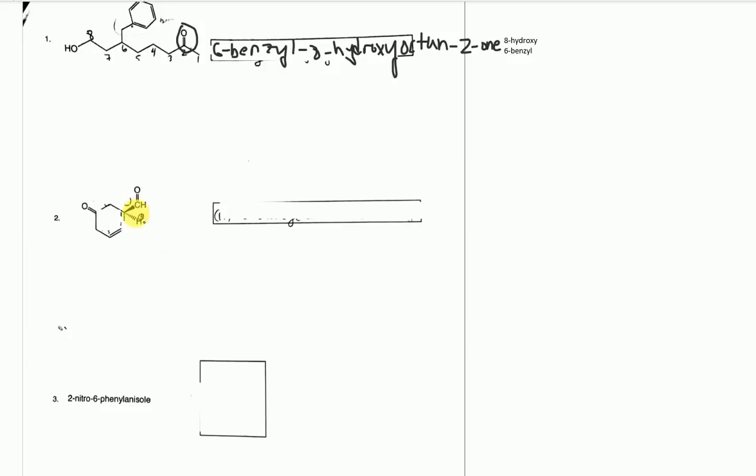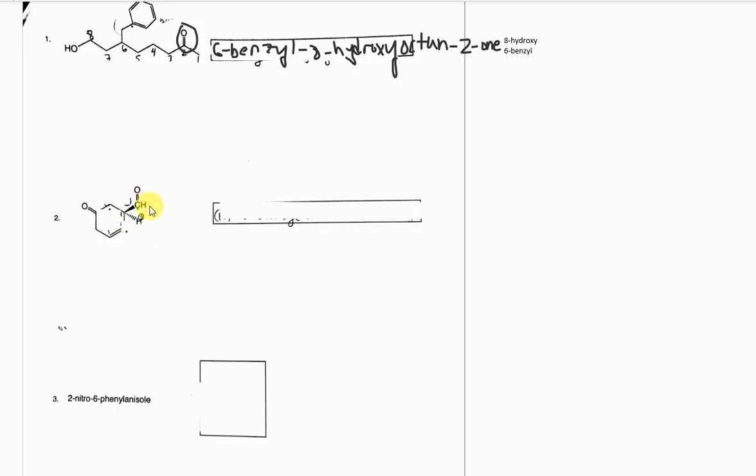So obviously the first thing that is going to be the best here is going to be this carbon right here, right? So I'm comparing hydrogen against a carbon, against a carbon, against another carbon. So this one is a carbon connected to 2 oxygens and a hydrogen. This is a carbon connected to 2 hydrogens and a carbon. This is a carbon connected to 2 carbons and a hydrogen.